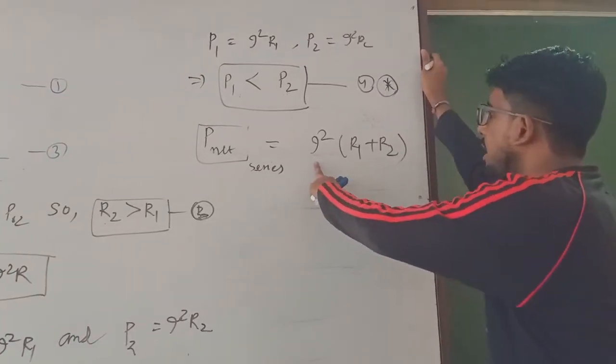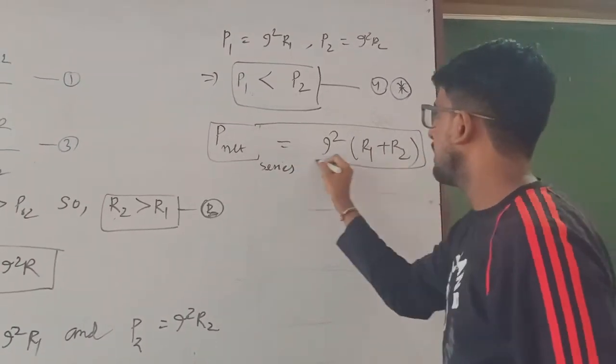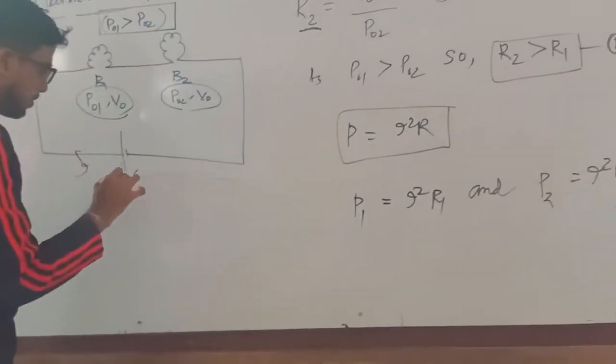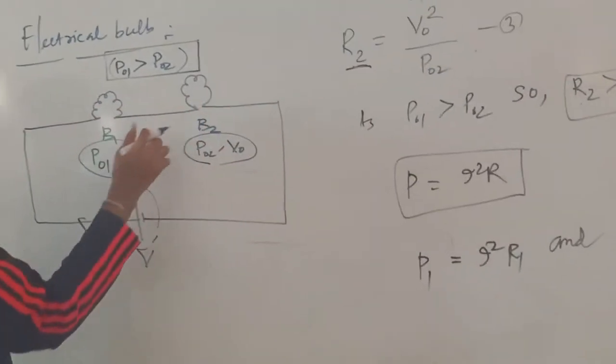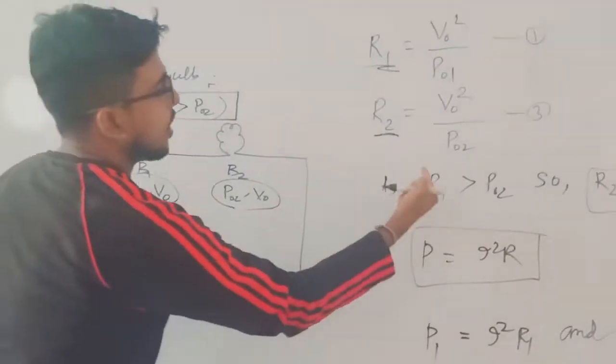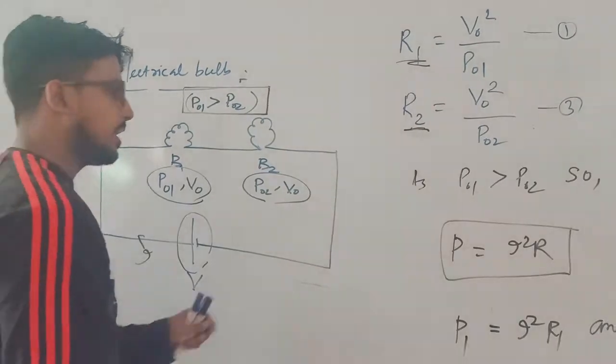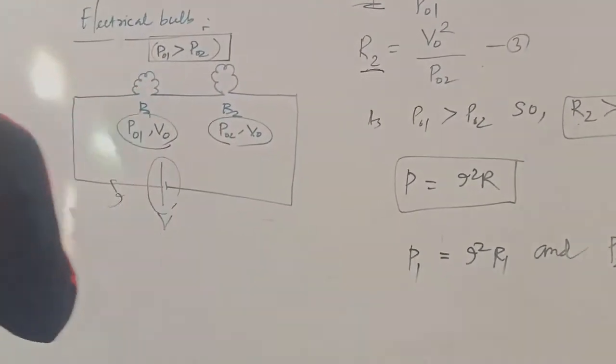We have to calculate now what is I square. So we already know that a potential difference V is applied across two balls having resistance R1 and R2, both connected in series.